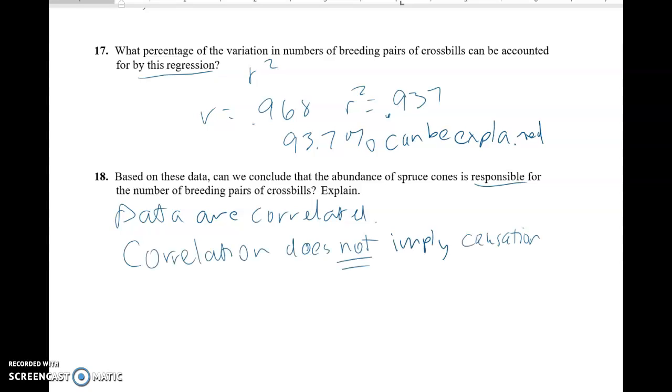So the number one rule in statistics is understanding that correlation does not imply causation. There's no guarantee that the spruce cones actually caused the number of breeding pairs to increase. There's probably some other variable that explains both. Okay?